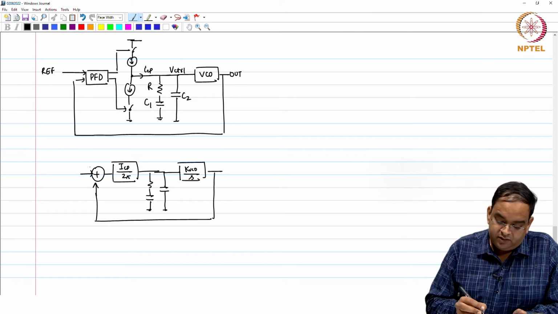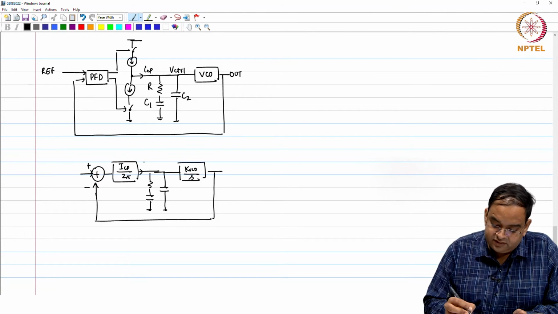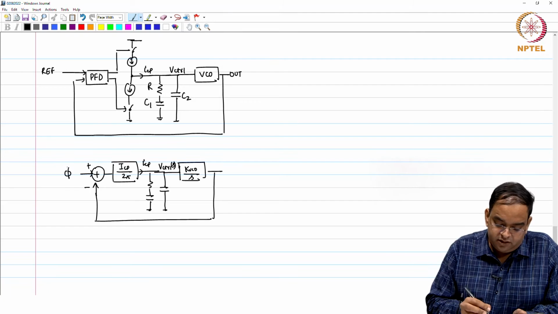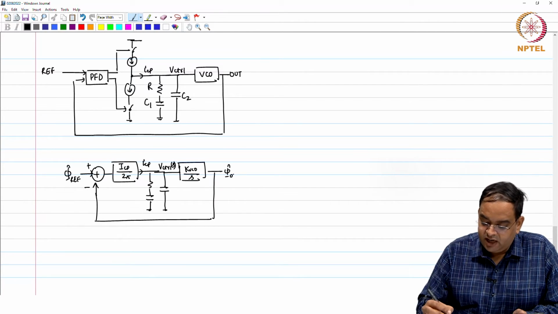This is plus, this is minus, this is ICP, this is V control of s, phi ref and phi out.